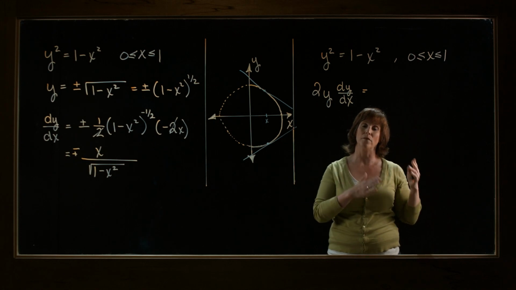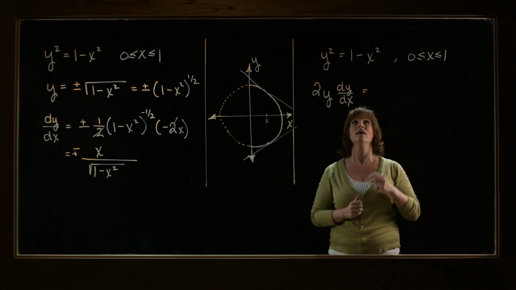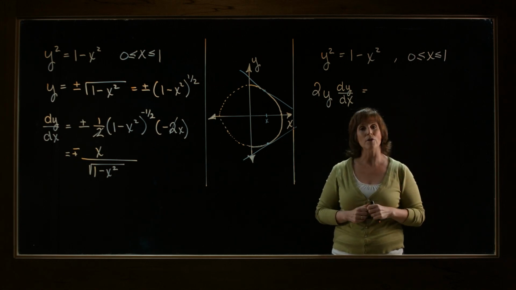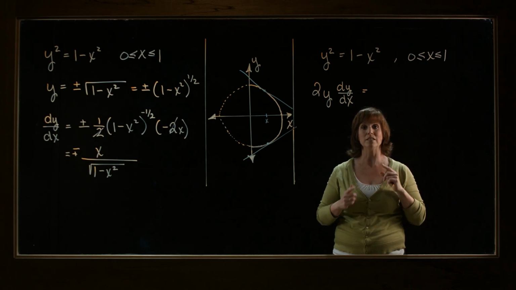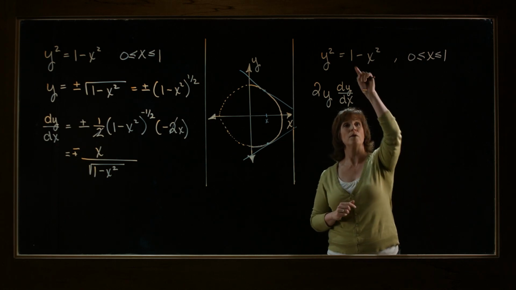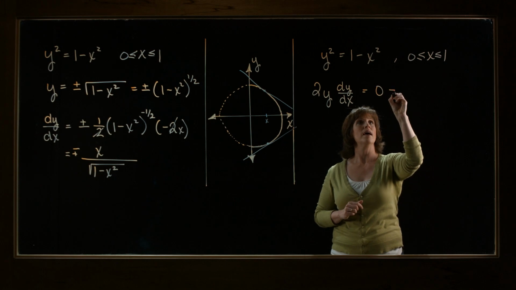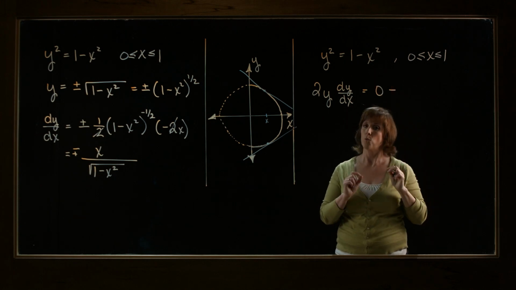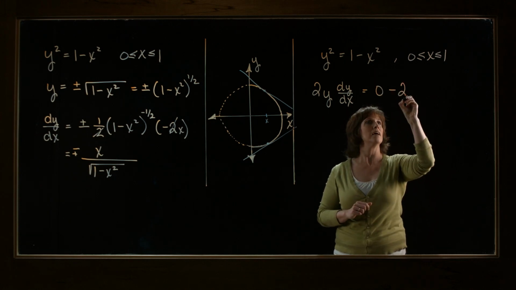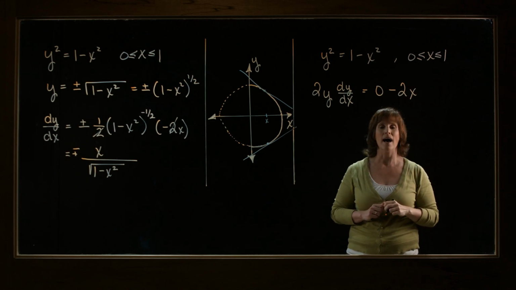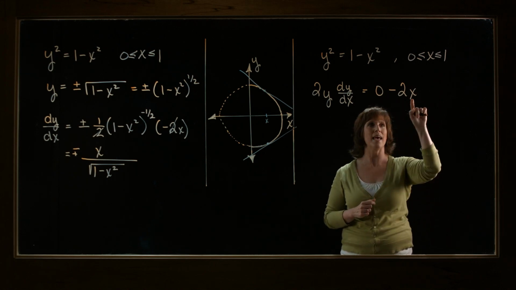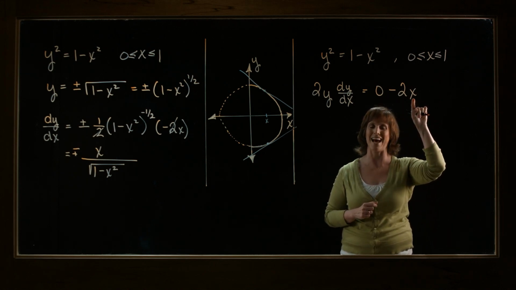Now I need to take the derivative on the right-hand side. On the right-hand side, my main operation is a subtraction problem, so I'm going to differentiate each piece. The derivative of 1 is 0, and the derivative of x squared with respect to x is 2x. Again, if you want to think of the chain rule, you can, but the derivative of x with respect to x is 1.